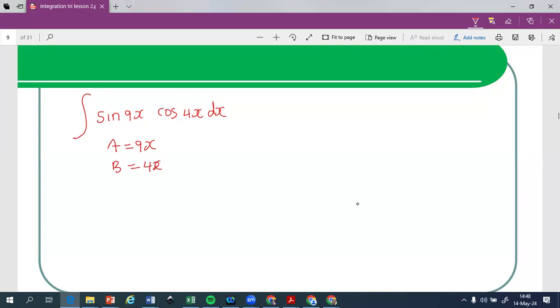Don't mind about the order, whether it is cos or sine or cos, anything can work. So we shall say that this is the same as a half integral, then I bring in my sine. So it will be sine 9x plus 4x, then plus sine of 9x minus 4x, everything times dx. Members, is that step fine?